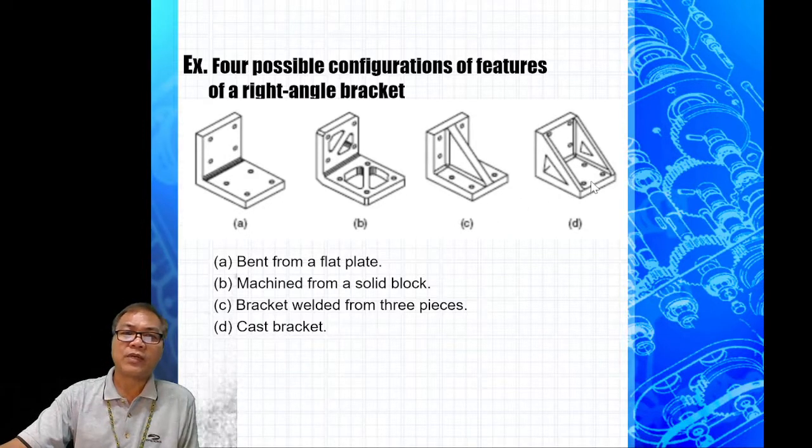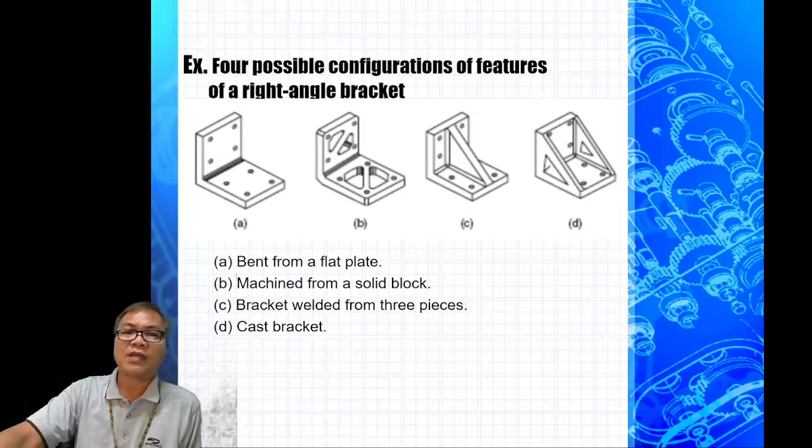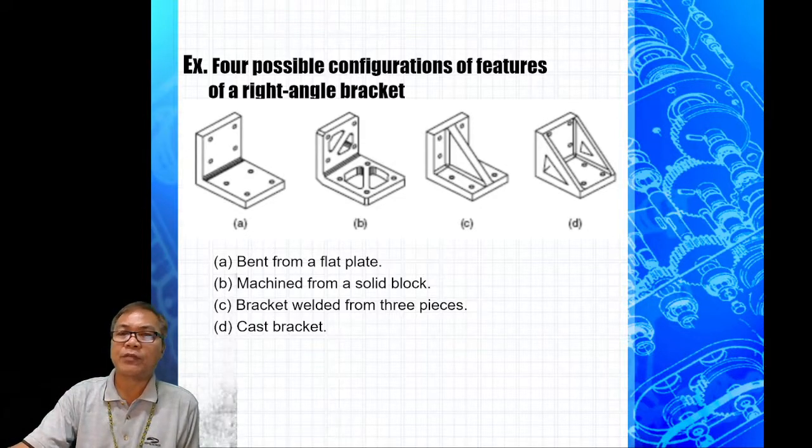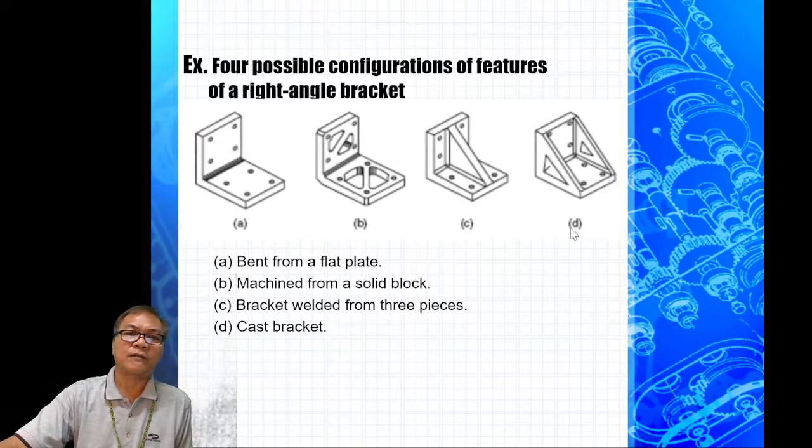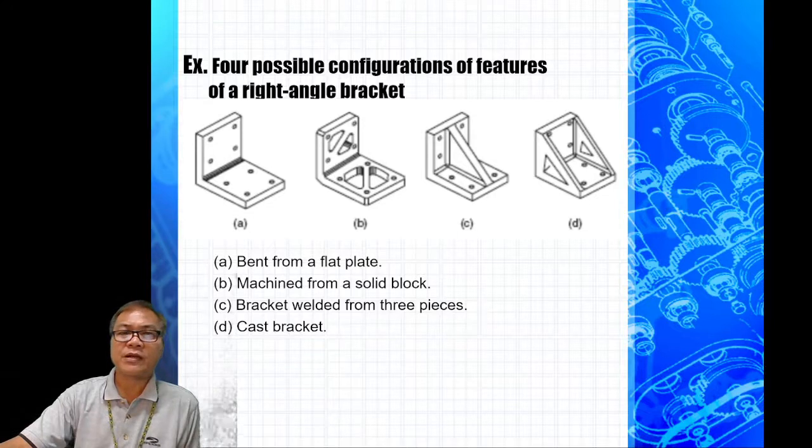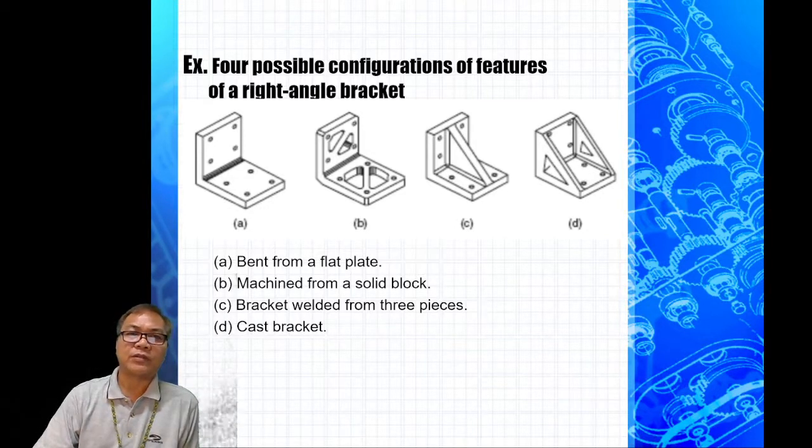And the last one is a bracket made from casting, meaning there is a mold: the metal is melted, then poured into the mold to form this kind of bracket. So it depends. In the configuration design, you can specify what form or shape you are going to use and how you are going to manufacture it. So that is the configuration design.